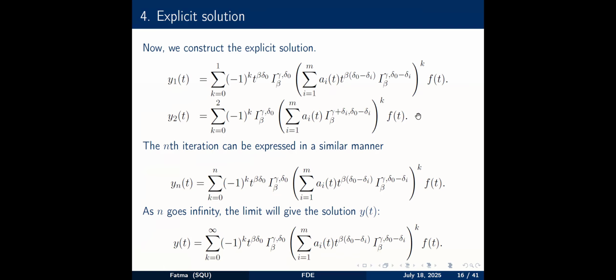Then we get the second iteration, and one can continue, and then at the end you can get the nth iteration. So we can get a general form, which is yn. And as n goes to infinity, the limit will give the solution y of t. So here is the solution, and you have here a multiple integral because it is power k.